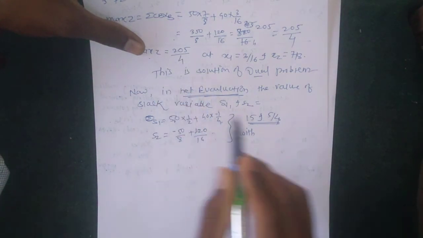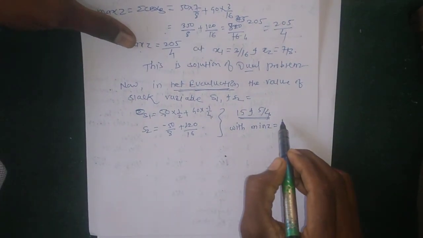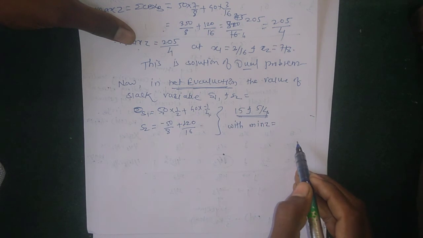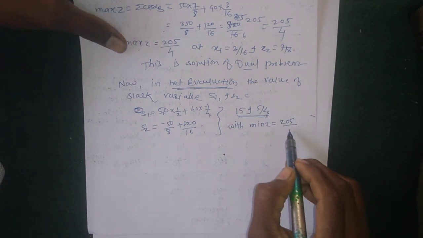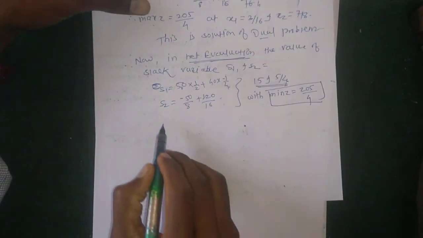So minimum Z is equal to, this is also a minimum Z. Okay, so minimum Z is equal to 205 divided by 4.